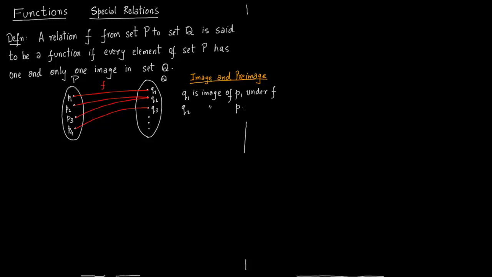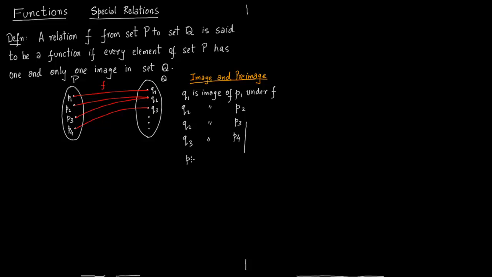Q2 is the image of P2 under F. So there is only one image of P2, that is Q2. Similarly, there is only one image of P3, that is Q2. And there is precisely one image of P4, that is Q3. So you can see that a function is one and only one image of every element of set P.